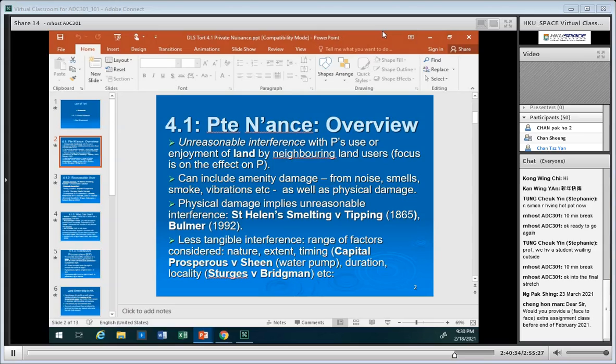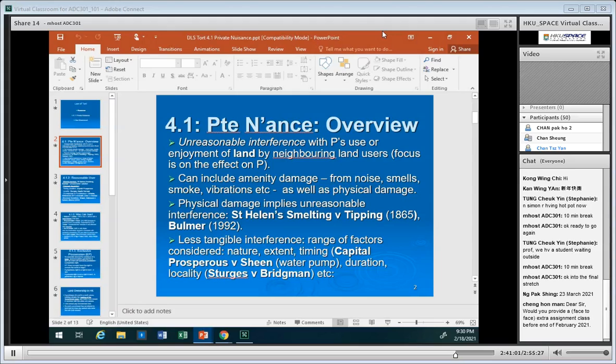Somebody is having a shower at night time, and in a multi-story building in Hong Kong, it's common for there to be a water pump, which pumps the water up to the 20th floor or whatever it is, okay? And what happened was that one person, I think on the 19th floor, was in the habit of going to bed early because they had to get up very early the next morning.